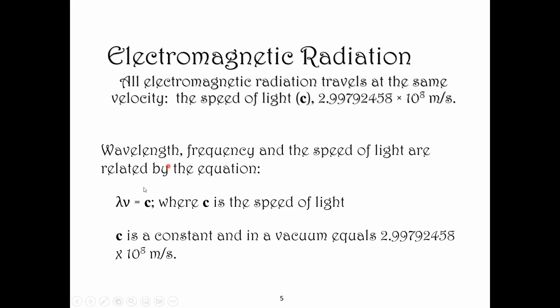But the product of those, if we look at this equation at the bottom, the product of those is just going to give us that speed of light. And if we take any of those frequencies, any of those wavelengths, and multiply them, what we're going to see is that speed of light in a vacuum is going to be just about 3.00 times 10 to the 8th meters per second.